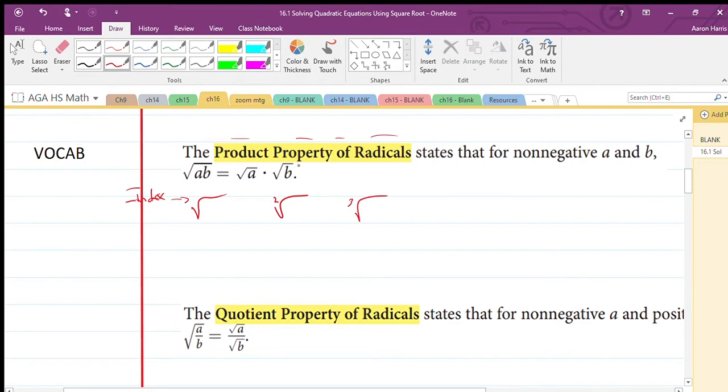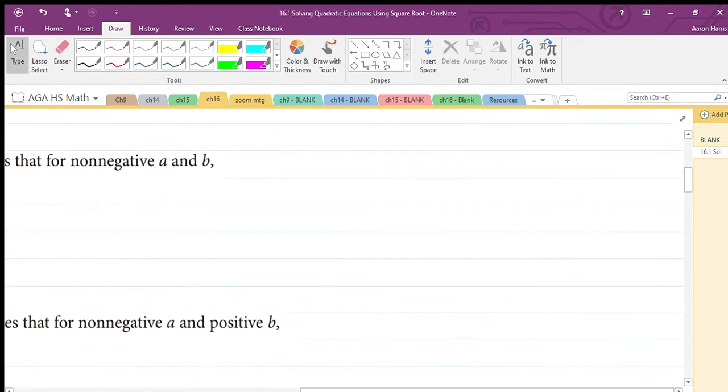So the product property of radicals states that for non-negative a and b, what can we do? The square root of a times b is equal to, and now we can split them apart, the square root of a times the square root of b. So let's see that in action. Let's say the square root of 8.